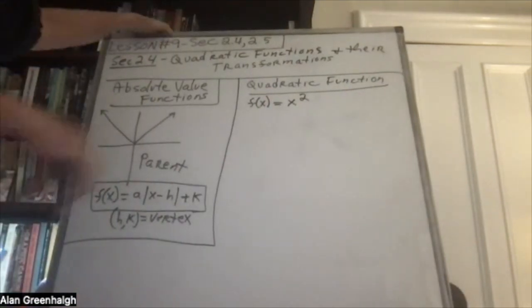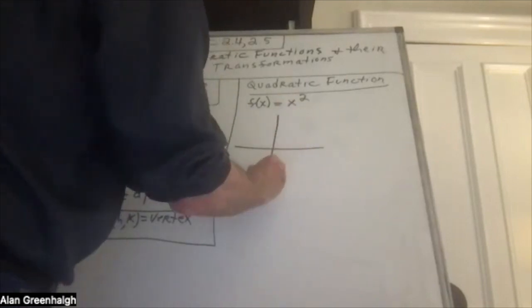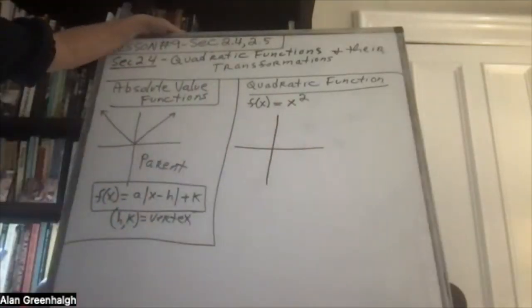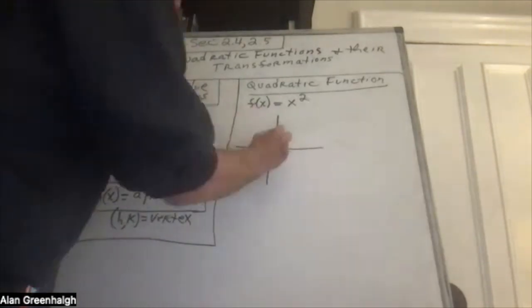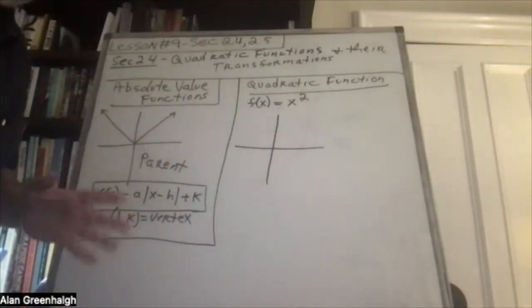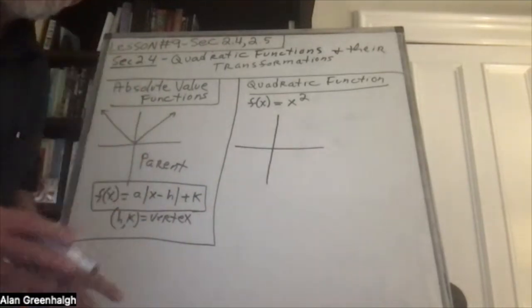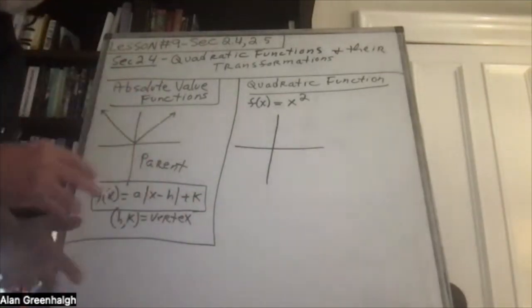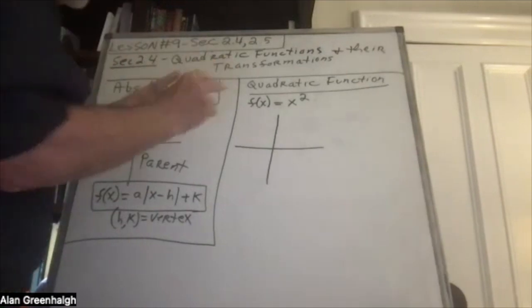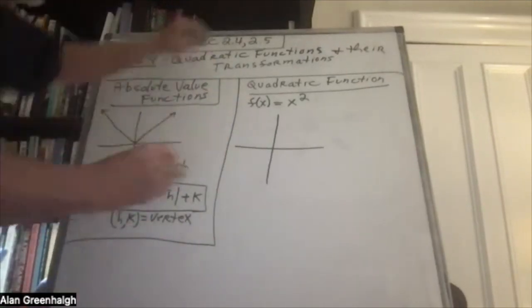One of the things we'd like to do to start with, of course, is to see what this looks like. So let's sketch. We're not going to graph it, because I know that people don't have graph paper, and I don't want to take the time to fiddle around with graph paper. Let's just get an idea of what at least the parent function will look like.